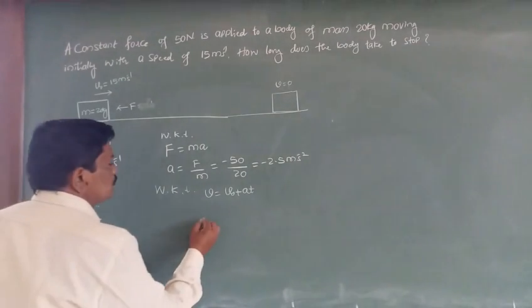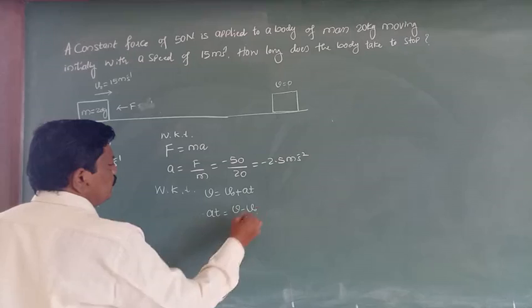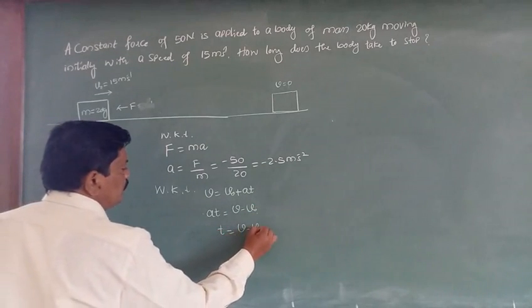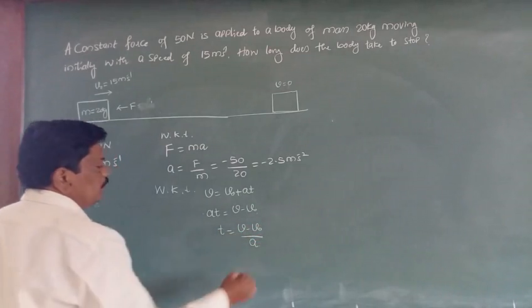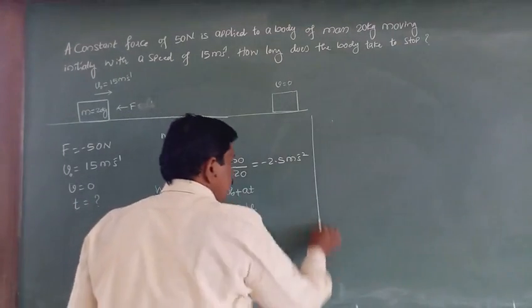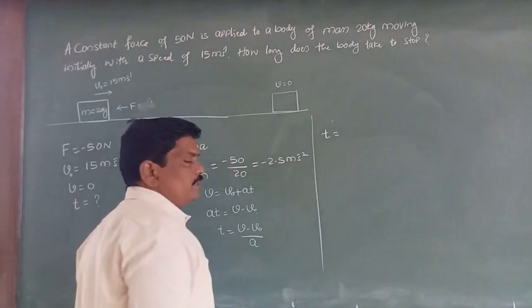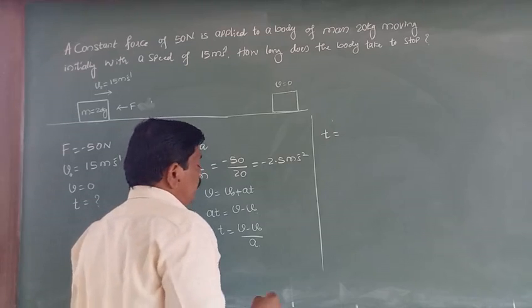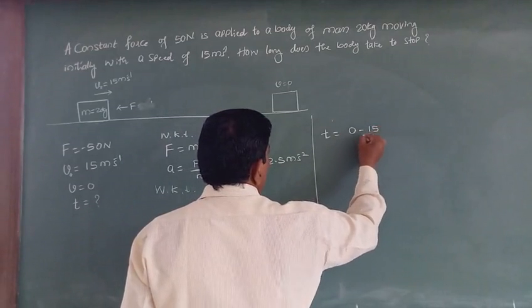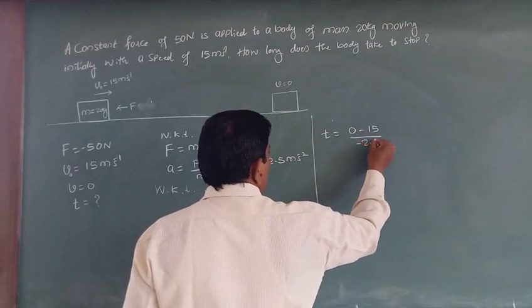Here AT equal to V minus V naught, so T equal to V minus V naught divided by A. Therefore, we can calculate T as V minus V naught divided by A. V is 0, minus V naught is 15, divided by minus 2.5.